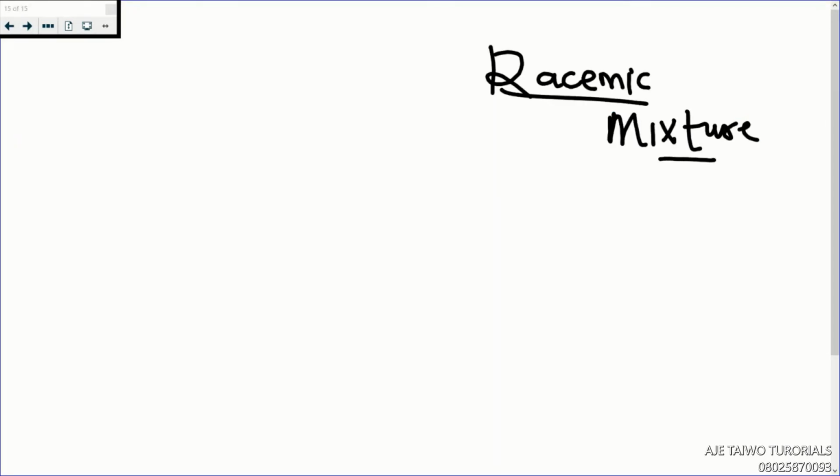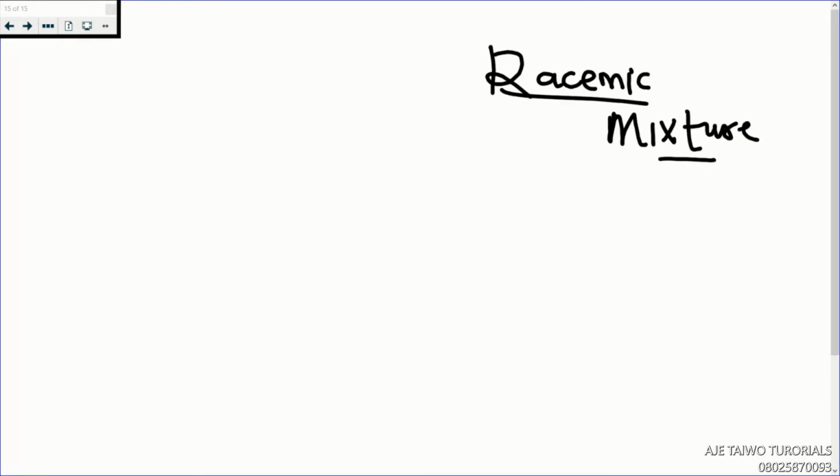Another thing they can ask you to define is racemic mixture or racemic modification. One of the two. That's another question they can ask you.